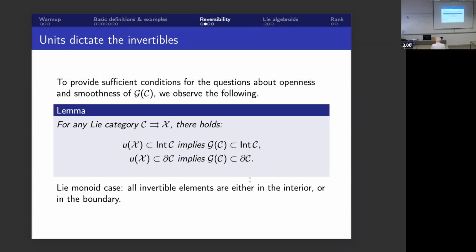For multiplication, it is the whole interior. So in this particular example, the invertible morphisms are either the whole interior or the whole boundary. It may seem trivial, but this is a simple example that shows this fact.